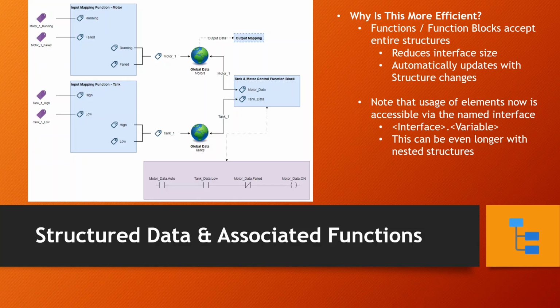So the other benefit about using structures, which isn't immediately apparent, is that if I was to go on and add to my structure, so we start using a new piece of equipment, and that piece of equipment has two additional options, for example, we add them into our structure.